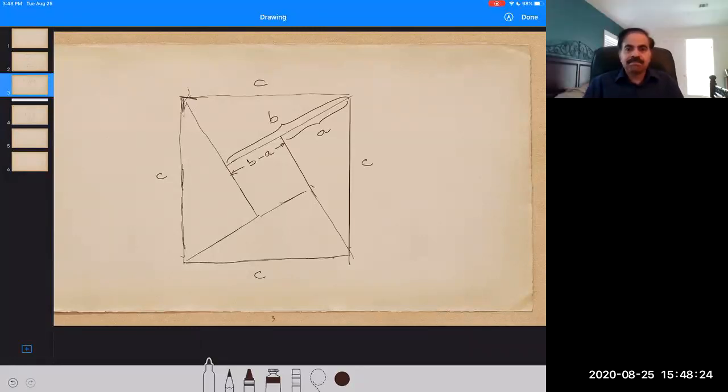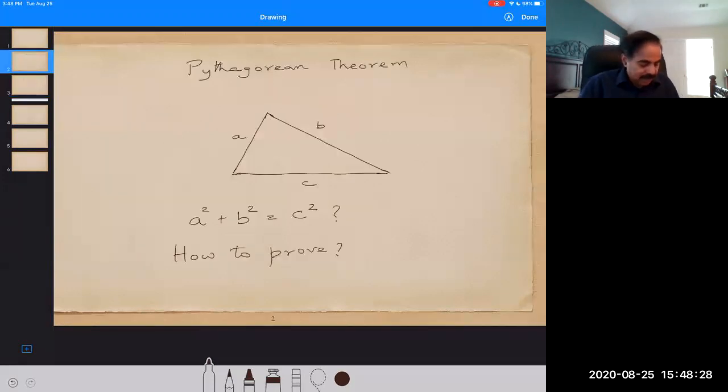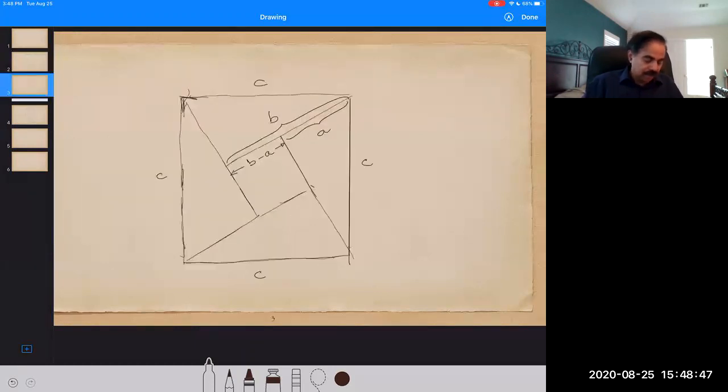So what we have done is we have taken this triangle, and we have arranged it with this particular vertex towards the middle of a square. So all the four sides are the corresponding hypotenuses.